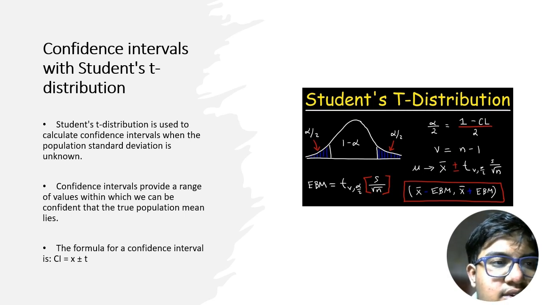Now let's see confidence intervals with Student's t distribution. The Student's t distribution is used to calculate confidence intervals when the population standard deviation is unknown. The confidence interval provides a range of values within which we can be confident that the true population mean lies. The formula for the confidence interval is CI = x ± t.